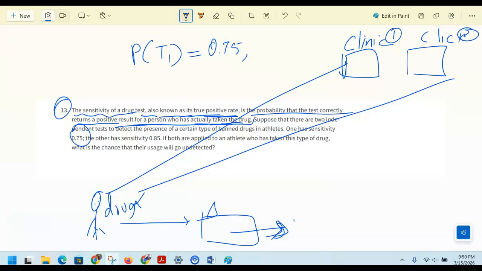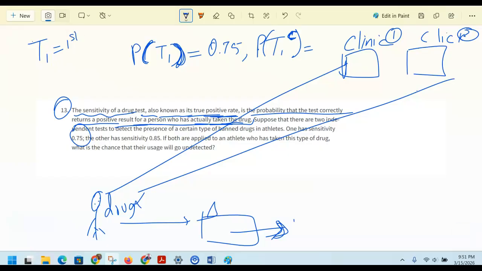That means the probability that he will be negative, and negative means not positive. When the test is positive, it is this; if the test is negative, you write the complement of this, which is just one minus the other one. So let T1 be the event that the first test is positive.